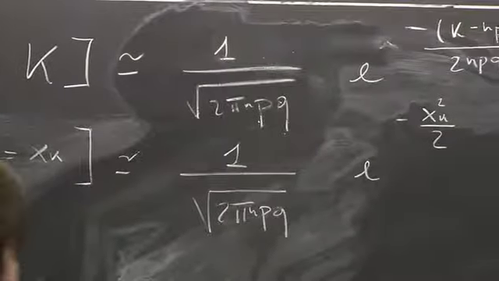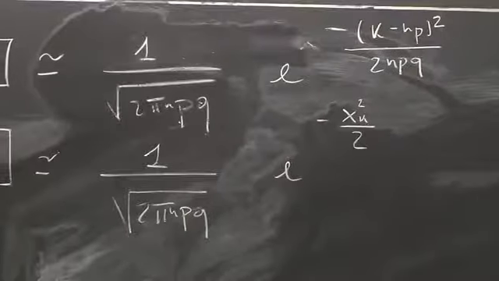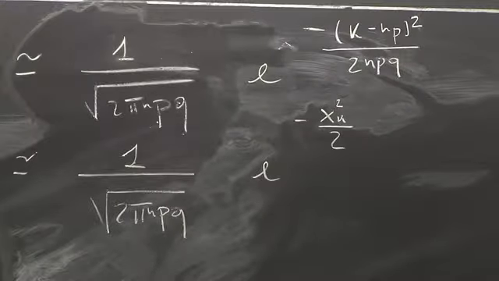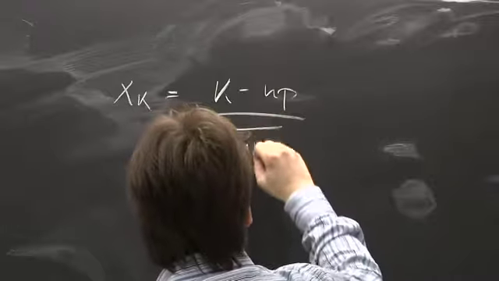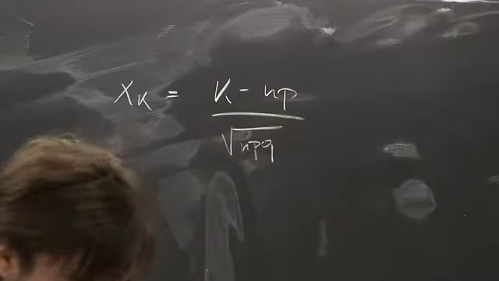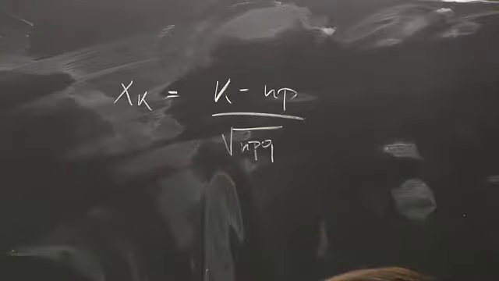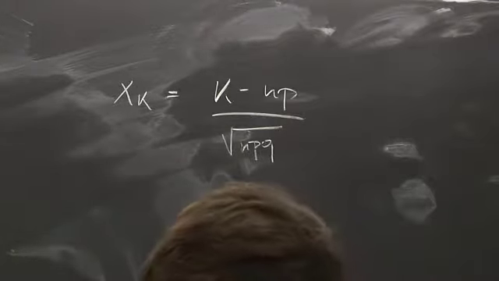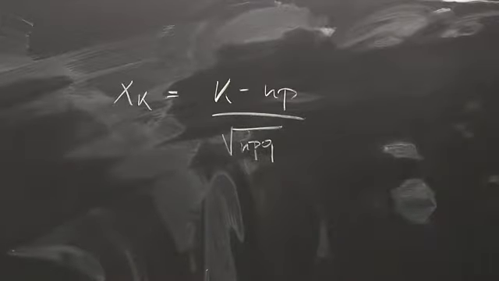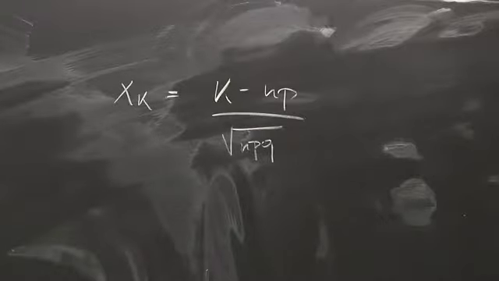So I told you before that xk is equal to k minus mp divided by square root of mpq, right? And as you remember, for the binomial distribution, k goes from 0 to n.